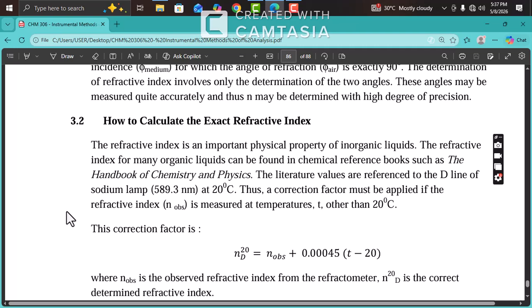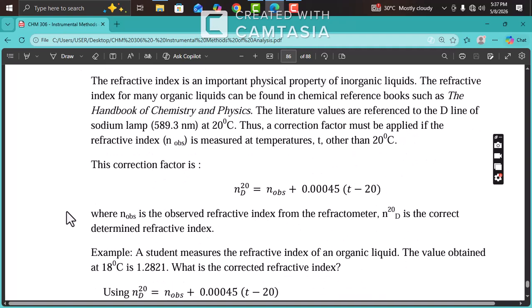However, we know that our experiments will be performed at temperatures other than 20 degrees Celsius, and that is why there's a need for this correction factor we see here. ND 20, that's the refractive index at 20 for the D line, equals N observed plus 0.00045 times T minus 20.